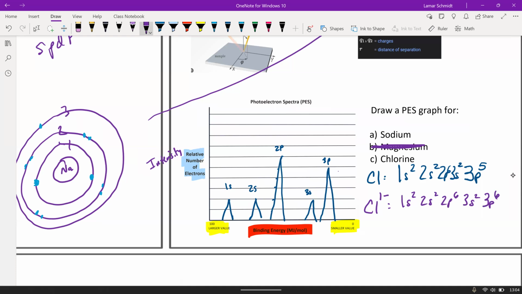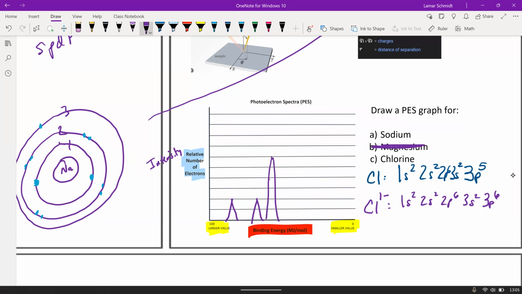You see that? Now, just so I don't confuse you thoroughly like I did last time, I'm going to erase this and just draw it again, even though it's pretty much the same thing. So we're going to have our 1s, and then our 2s, and then our 2p, 1, 2, 3, 4, 5, 6. Here we go.